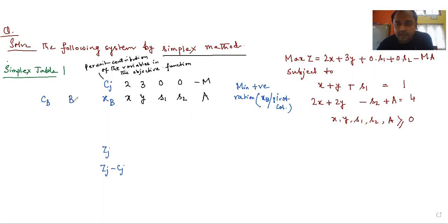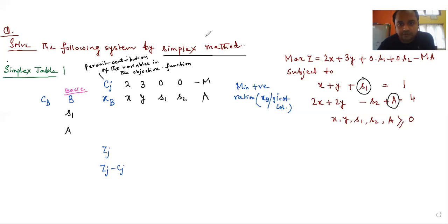Okay, what is capital B? Capital B stands for basic variable. So what were my basic variables? My basic variables were S1 and capital A, if I can recall from my previous session. So I'm putting my basic variables as S1 and capital A. What is CB?